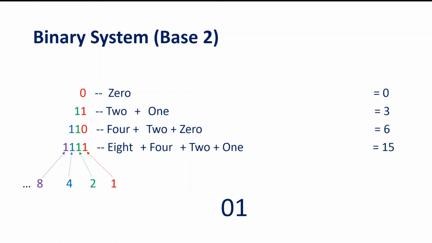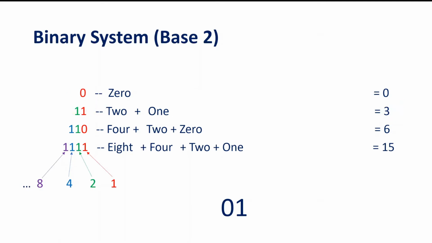Now, we need to convert decimal numbers into binary. For example, for decimal 3, this is the binary number. Here, the weight of the first digit is 1. The second digit is 2. When we add 2 plus 1, we get equivalent decimal number 3.